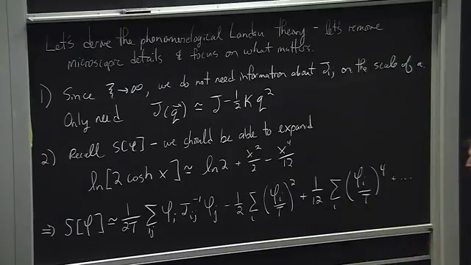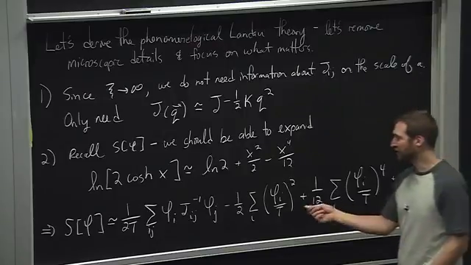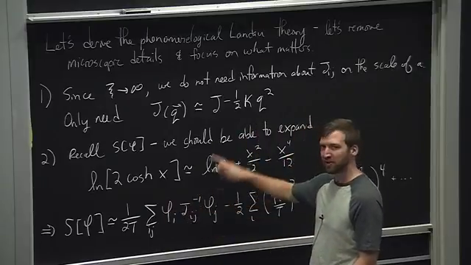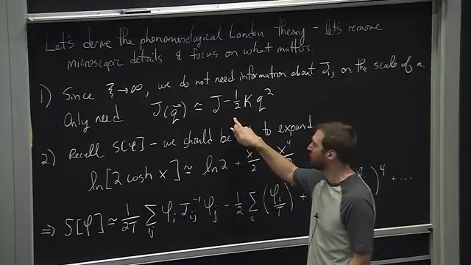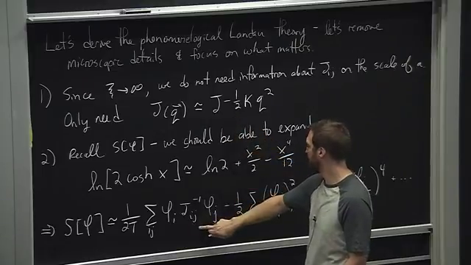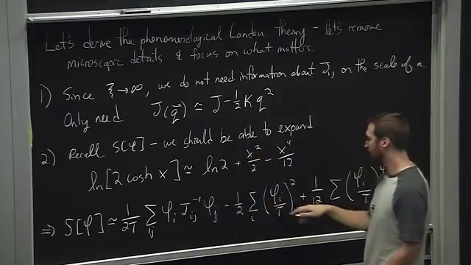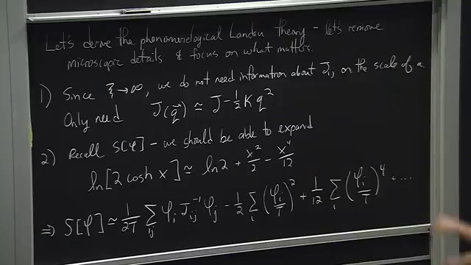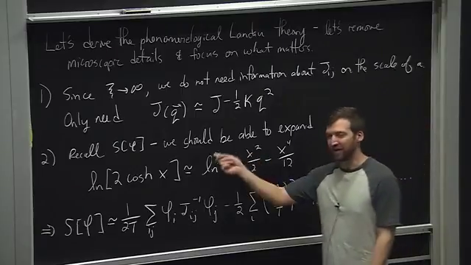Okay, so we see what's going on here. We're getting the phi-4 theory. We have fields. I have a term that depends on the interaction, and I just want to make sure I only worry about the small q piece of that. Then I have a piece that looks like phi squared, and I have a piece that looks like phi to the 4. And they have some prefactors in front of them that you get from this expansion.